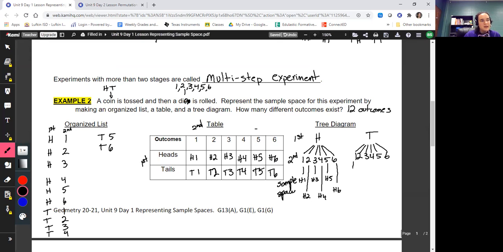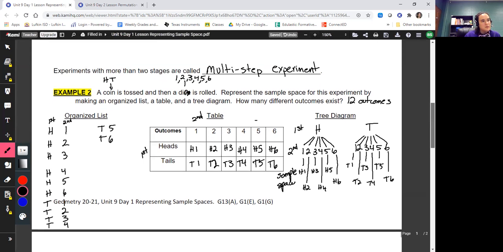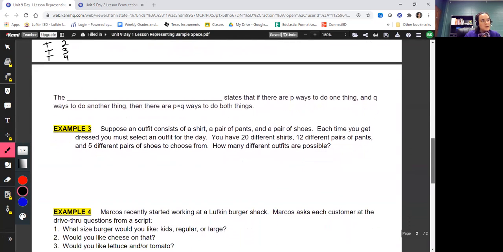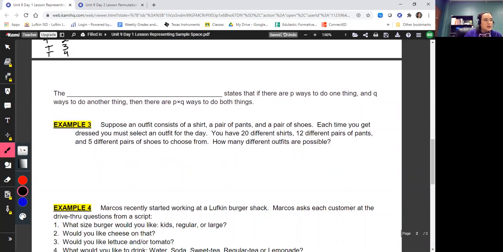We also have tails 1, tails 2, tails 3, tails 4, tails 5, and tails 6. Next up, we are looking at the fundamental counting principle.